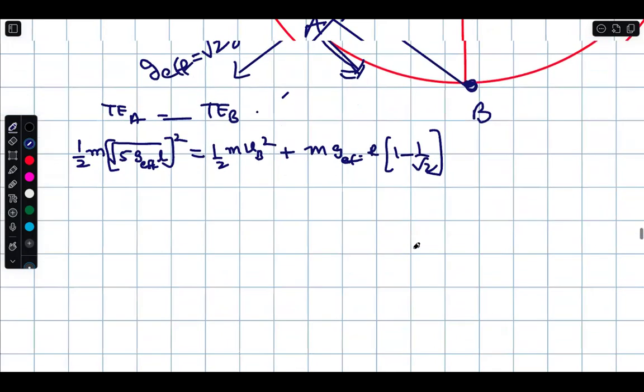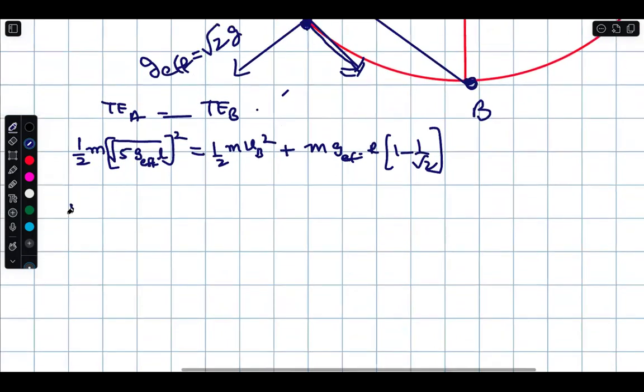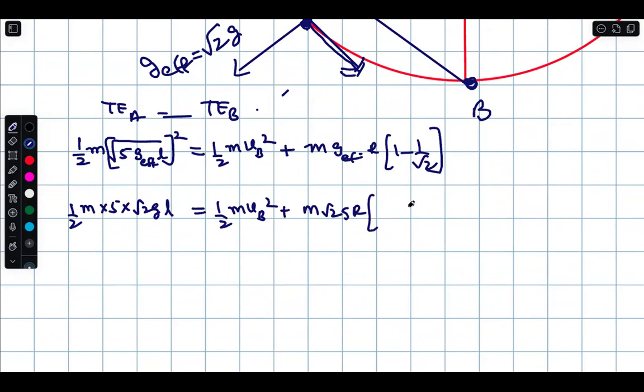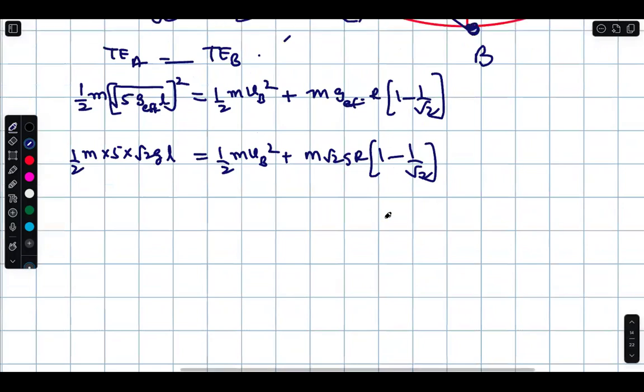So now you do everything that is required here: m into 5 root 2G into L is equal to half m VB square plus m root 2G R into 1 minus 1 by root 2. Calculation part is the most difficult part in this. First cancel m everywhere.